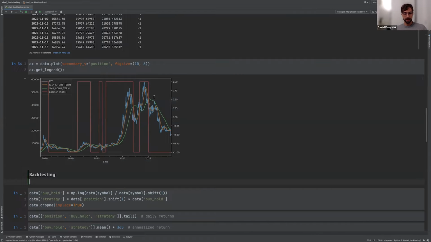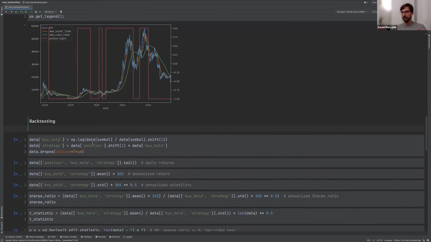We can also put the position into this graph, and then we see here, for example, the orange short-term average is larger than the blue long-term average. So this is a buy signal, so we are long the underlying. And this changed here at the beginning of 2022.